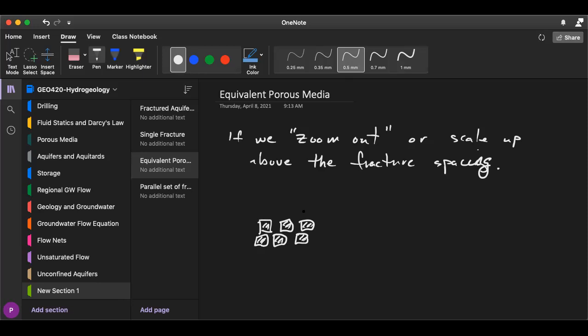And it starts to look like porous media. But now my pore network is my fracture network, and my sediment grains are characterized by whatever full rock material I have.